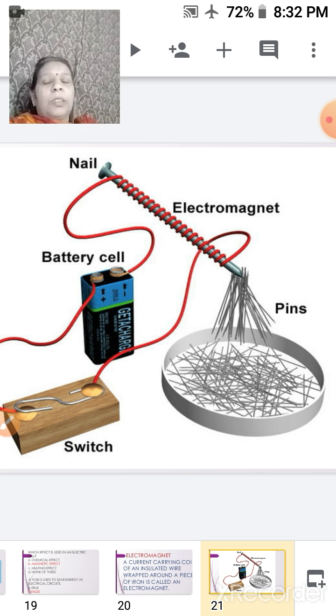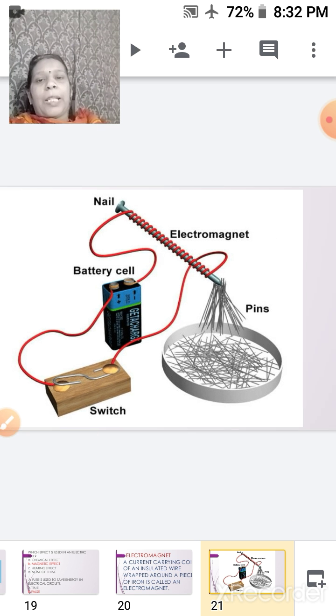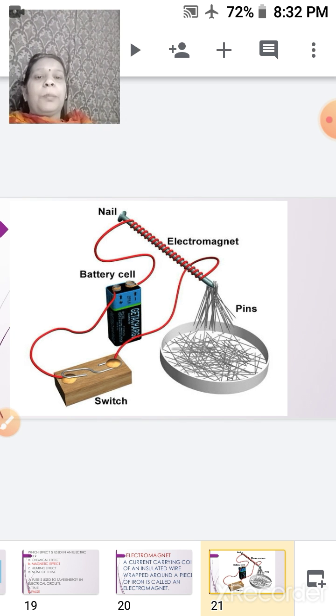But as soon as the switch is off, these pins fall automatically. This is an activity showing how an electromagnet can be made, how electricity helps in converting this iron nail into a magnet. This type of magnet is a temporary magnet.